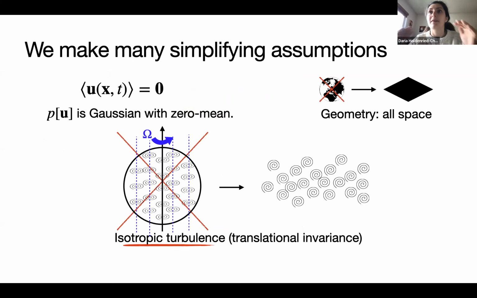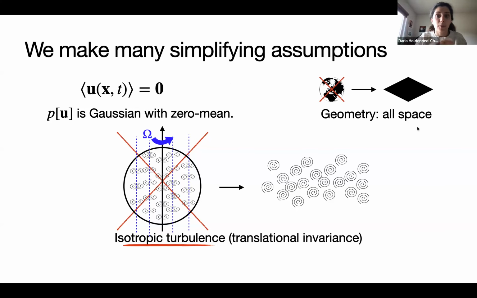And what I'm giving you here is sort of the first pass at the problem. So the simplest possible assumptions that we can make, which we hope in time to relax to make the problem more Earth-like. But to start with, we are assuming that the mean velocity, so if you average the system over many different realizations, is on average 0, so there's no preferred direction, which probably is not the case in the Earth, but choosing a mean velocity is a very tricky problem because we don't really know what the velocity in the core is.